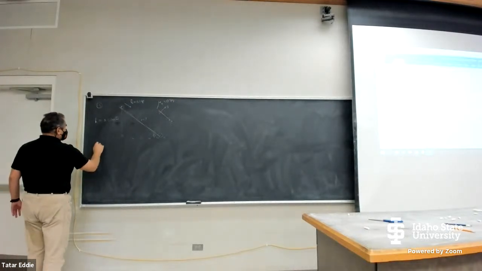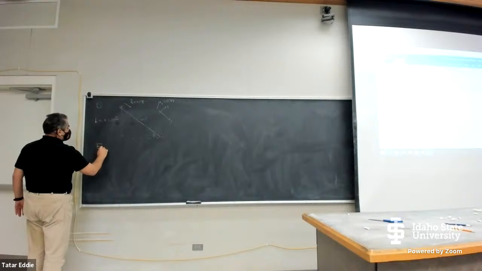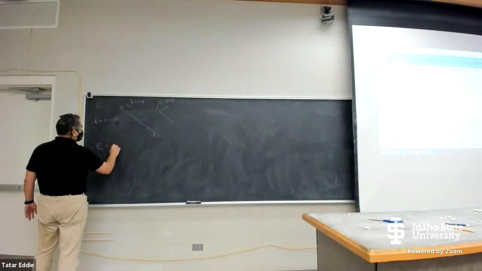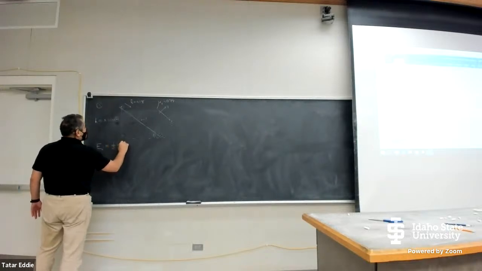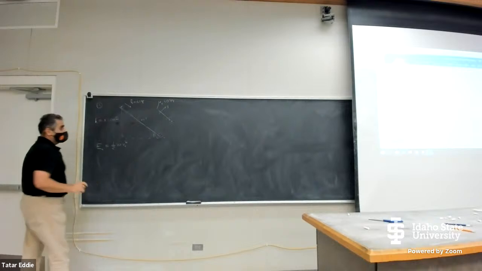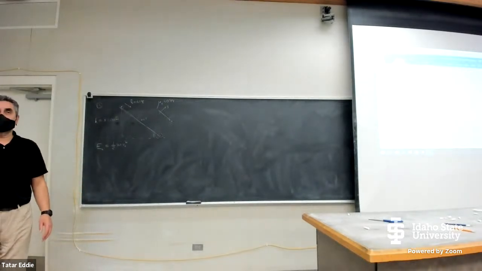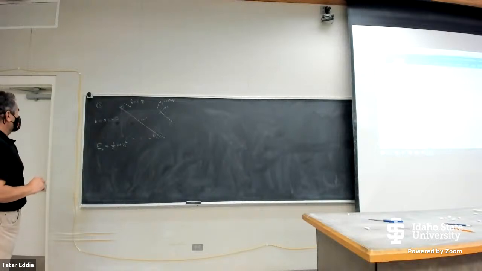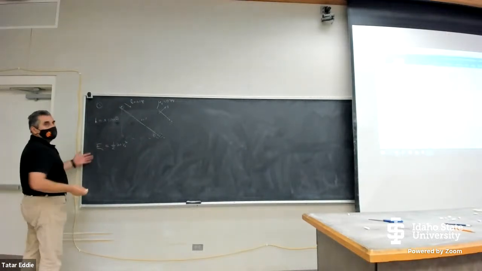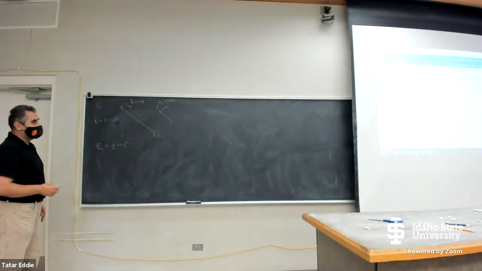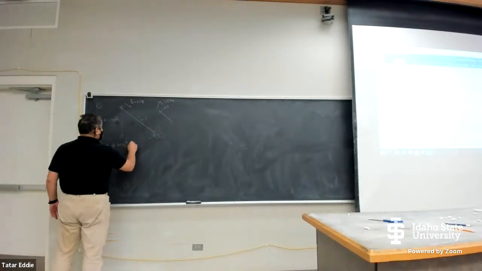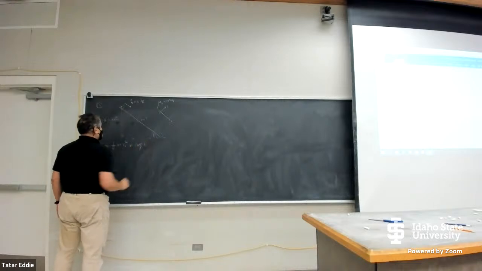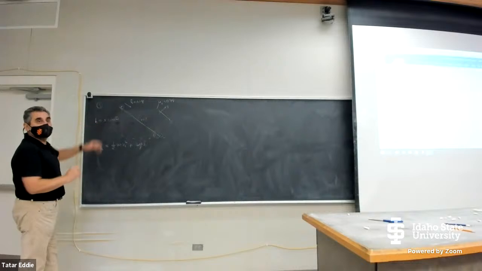Now the initial energy of this truck is going to be the kinetic part, 1/2 m v initial squared. The mass is unknown. Hopefully the mass is going to cancel out. Plus gravitational potential energy mgh, where h is this.